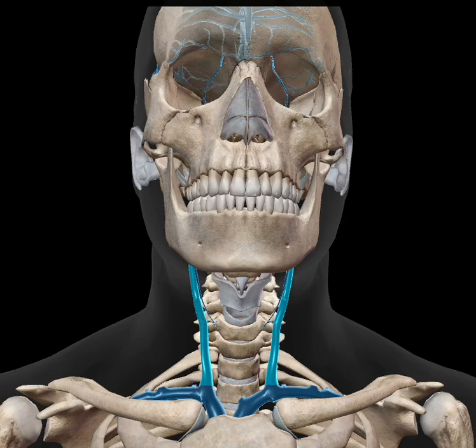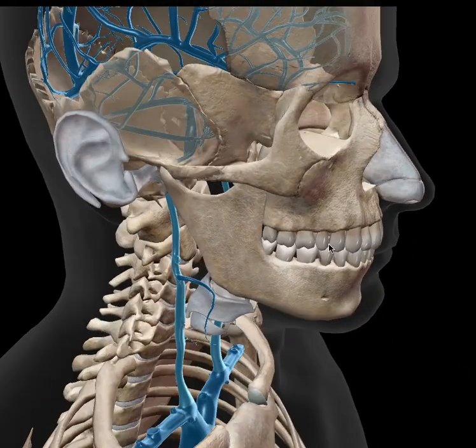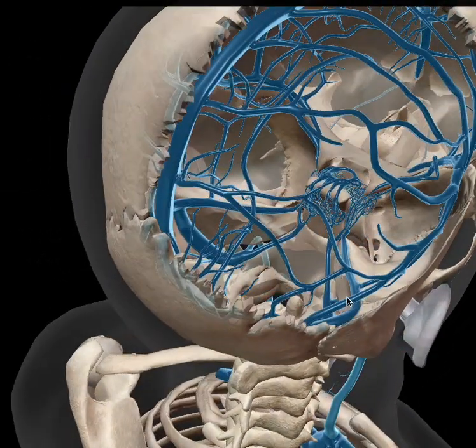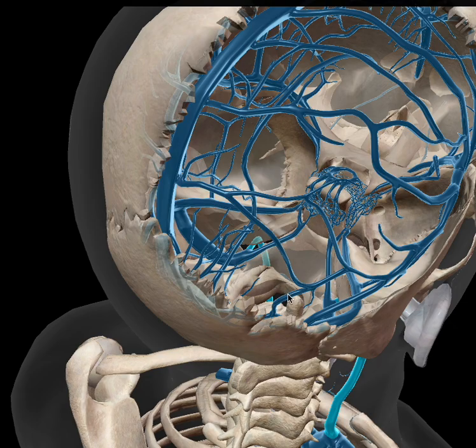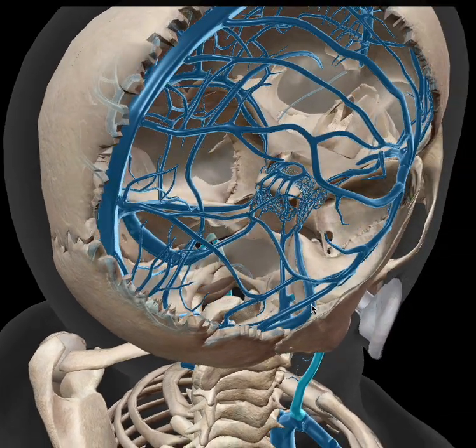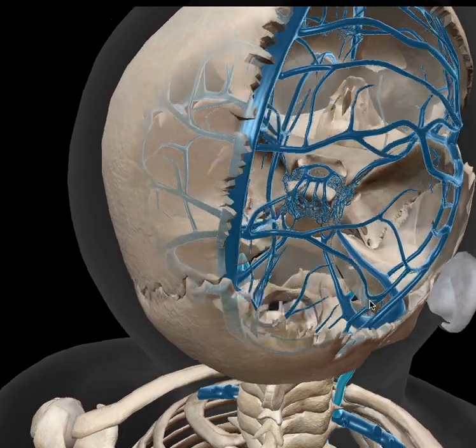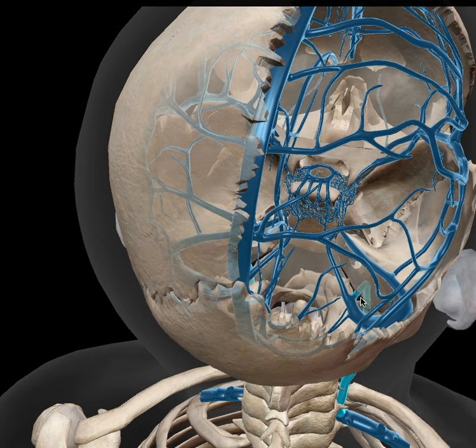Our internal jugular veins are going to exit through the jugular foramen, between the temporal and occipital bones. There are other things that exit through the jugular foramen, some nervous structures. Think cranial nerves 9, 10, and 11 coming through our jugular foramen right here.